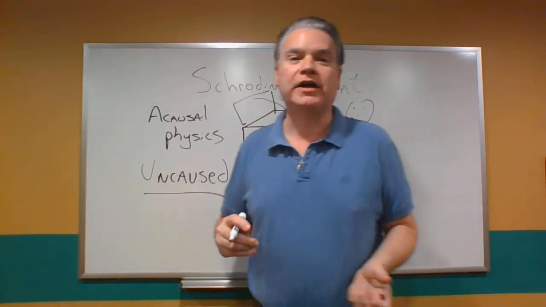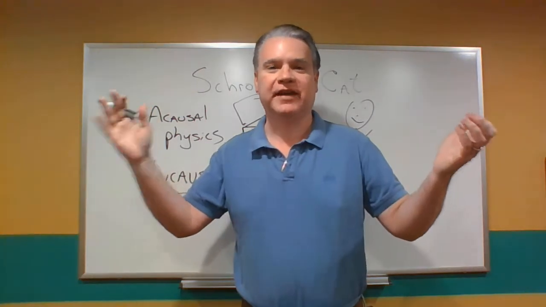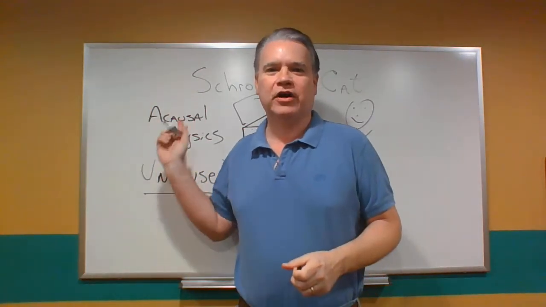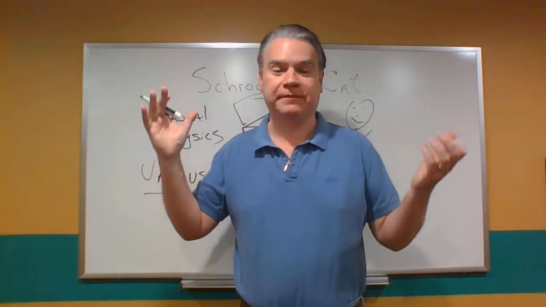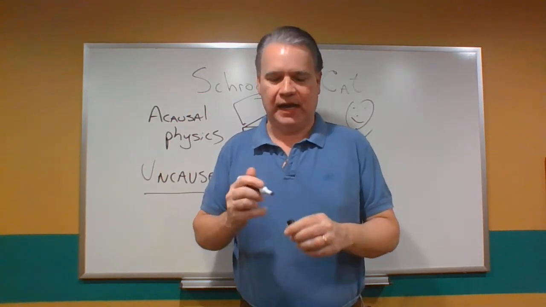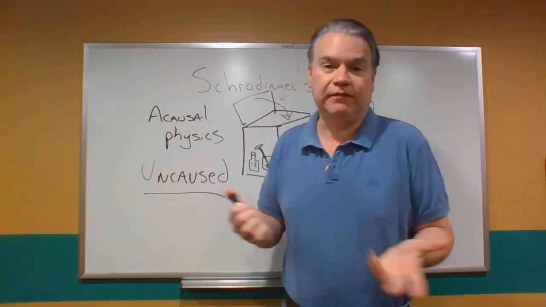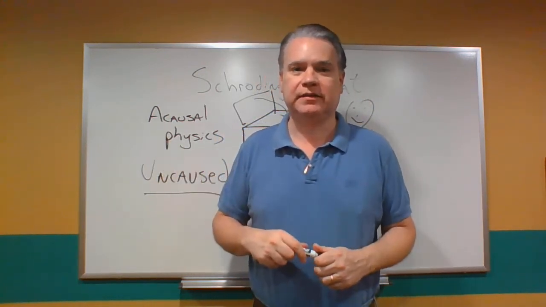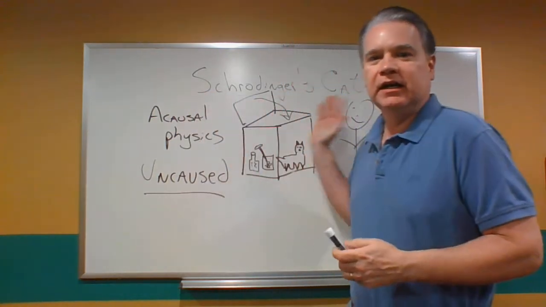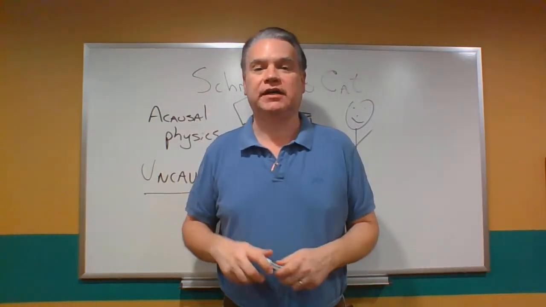In other words, the cause comes from nothing, nothing itself. Acausal physics is an argument of causation from nothing. And of course, if nothing can cause things, then you don't need a God to cause anything. So this is ultimately an argument against the existence of God.